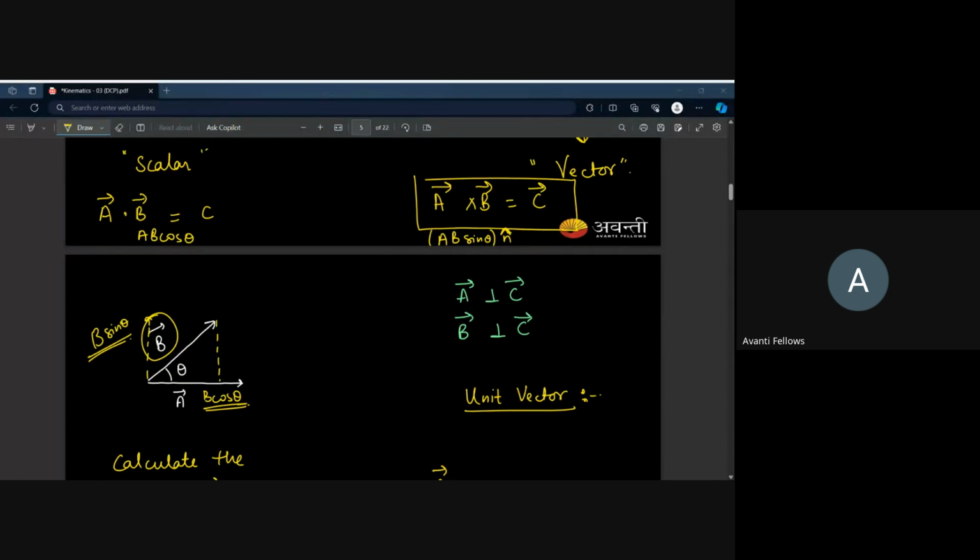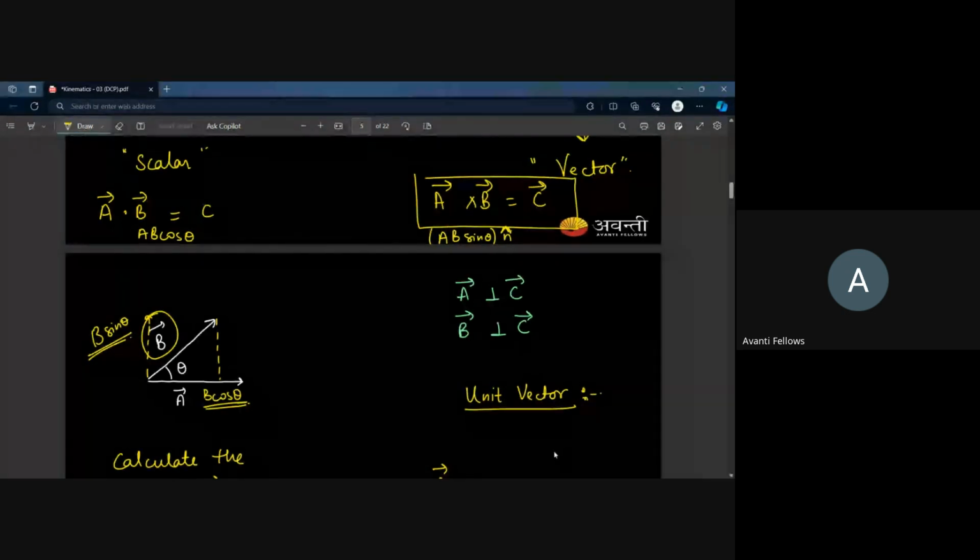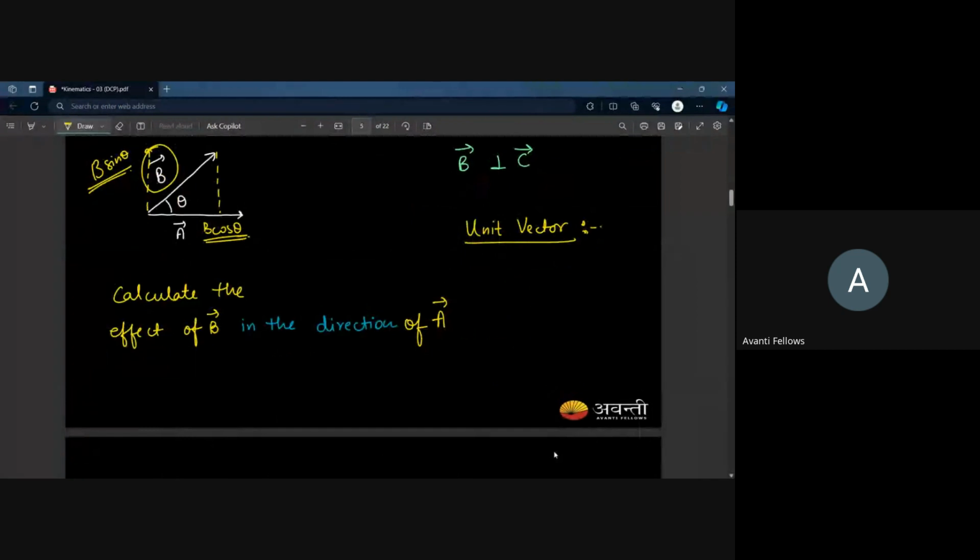As you understand by the name, unit means one. So a vector whose magnitude is one, and it is used to give the direction of some vector. For example, let's talk about the x-axis, y-axis, and z-axis. In mathematics and physics, we have designed a few vectors, and they are quite certain.